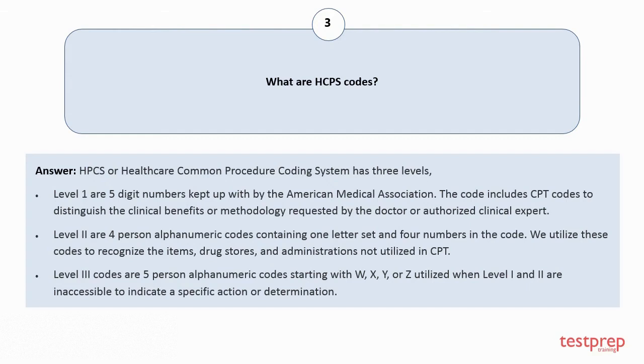Second, Level 2 are 4-person alphanumeric codes containing 1 letter set and 4 numbers in the code. We utilize these codes to recognize the items, drug stores, and administrations not utilized in Captain. Third, Level 3 codes are 5-person alphanumeric codes starting with W, X, Y, or Z utilized when Level 1 and 2 are inaccessible to indicate a specific action or determination.